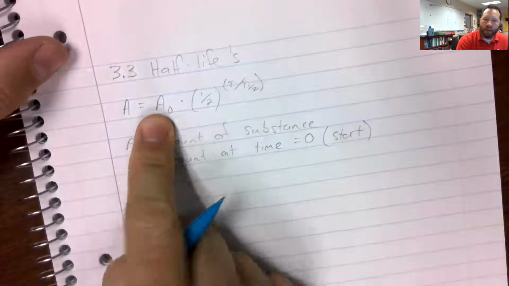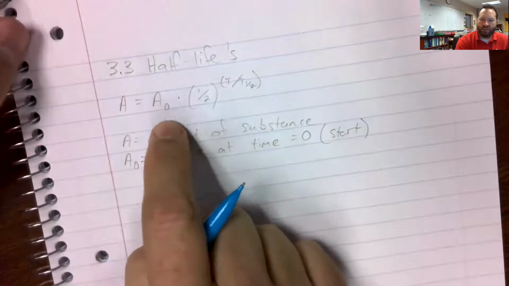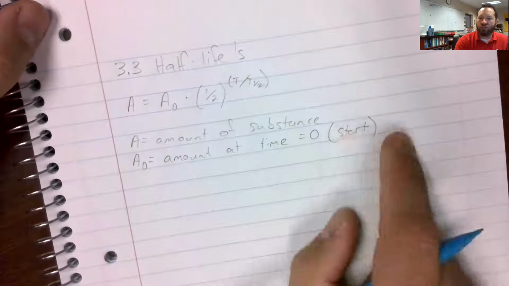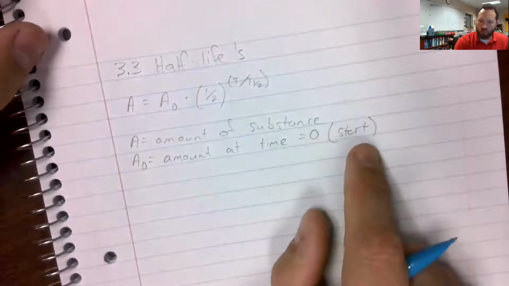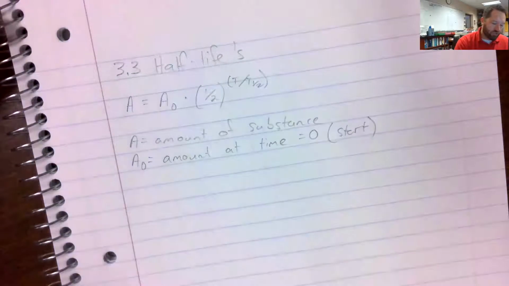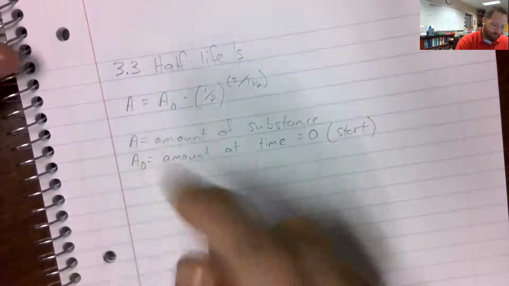This is A sub naught. You just call it A naught. So naught's kind of like the zero there. This is how much you had at the start at time equals 0. So when you started, again, I handed everybody a radioactive nucleus at the start, time equals 0. This is how much we had.